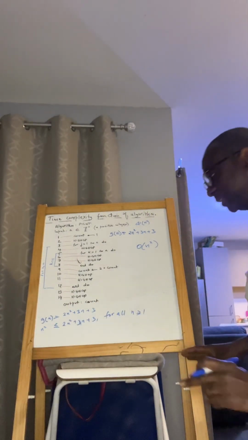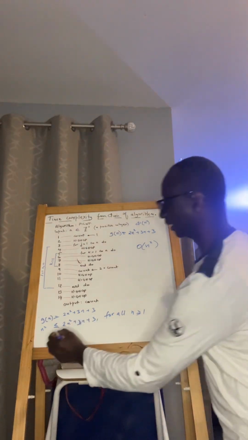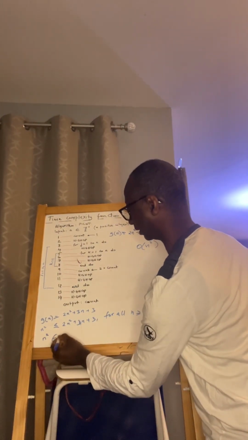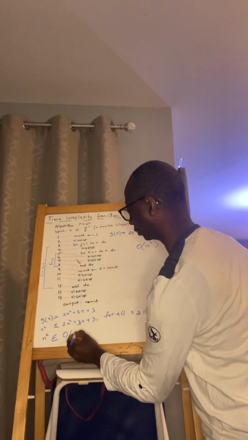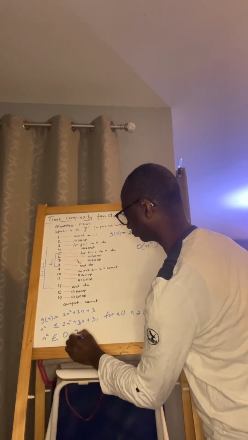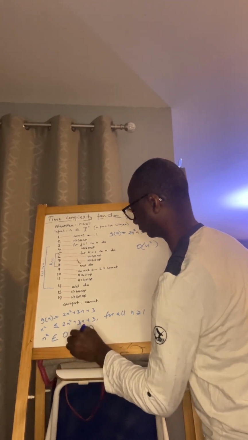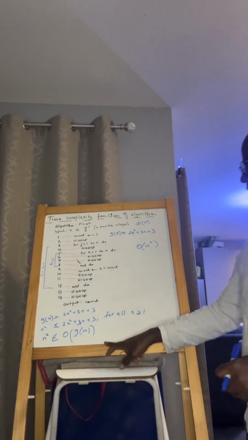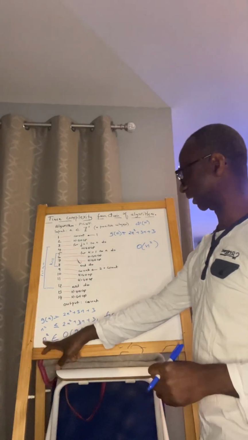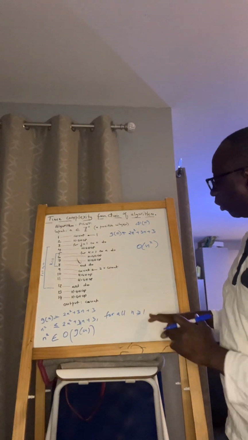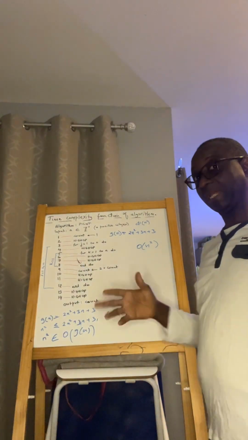So if that is it, then n squared is in O of g of n. Yes, this is what you want to prove. You've now proven that n squared is less than or equal to this for all n greater than or equal to 1, because n has to be an integer.